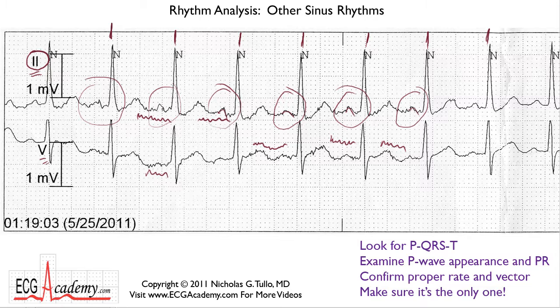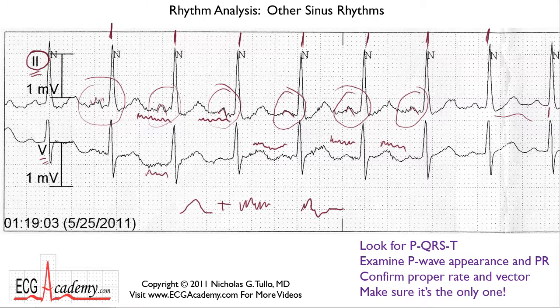It may look a little different from beat to beat because this noise is superimposed on top of the P wave. If you superimpose a bunch of noise on it, you're going to wind up with something that doesn't look as smooth and as normal as you like. But look at that, towards the end of the tracing, the noise goes away, and then you're left with a very smooth-looking P wave.